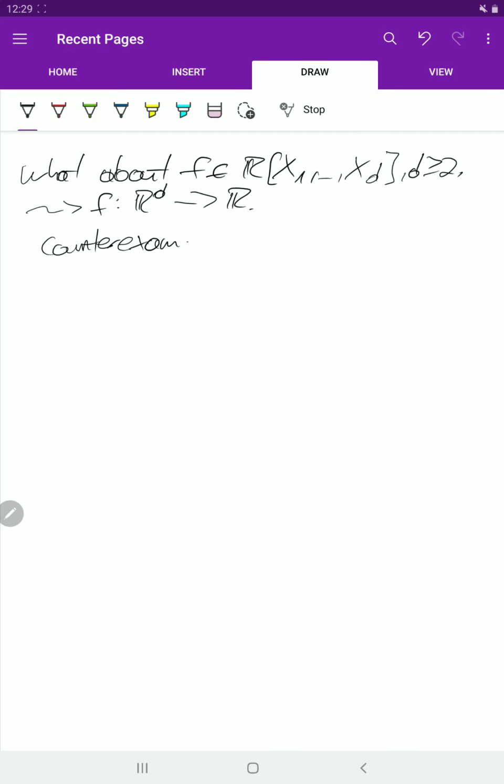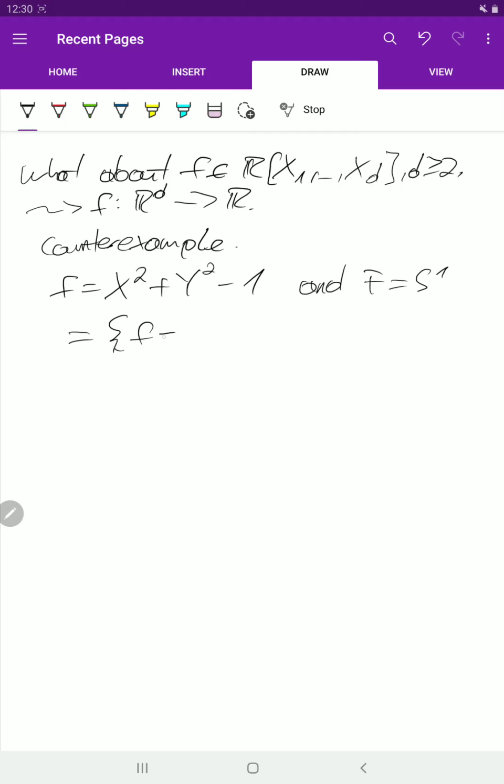That's quite easy actually. So we just use a circle. So basically you can think about it in terms of algebraic varieties. So we use this polynomial and we take the circle to be the set where f is 0.